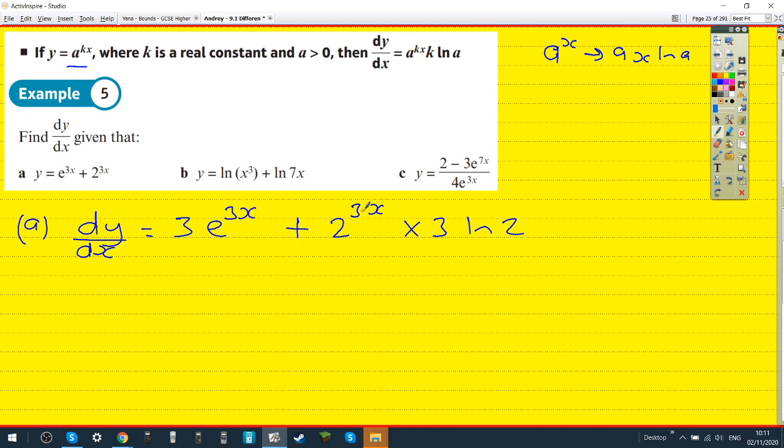Because of BIDMAS, you can't multiply before you do the index, and because we don't know what x is, that's the simplest form you can leave it in. So the derivative of 2 to the 3x is 2 to the 3x times by 3, the derivative of the power, times by ln of the base, big 2. Okay, let's try b.